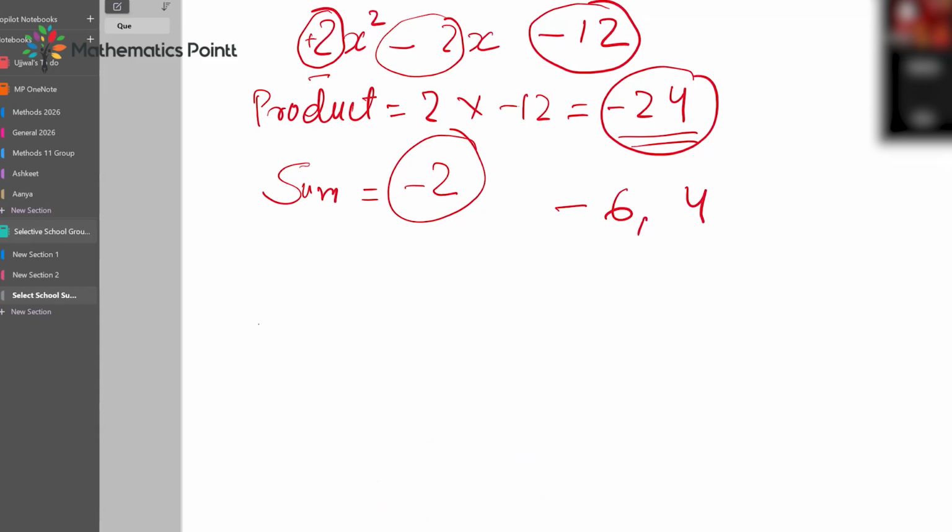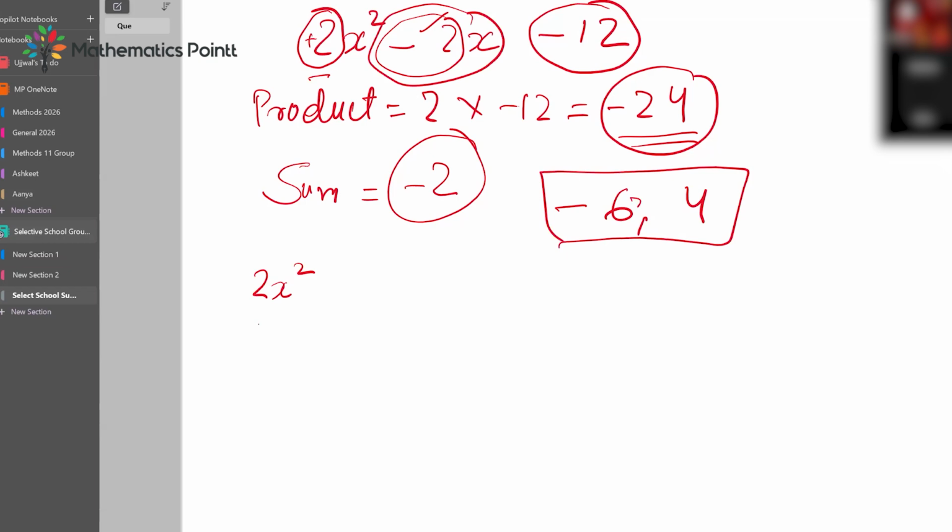Now, let's split the middle term. Let's write the first term as this, 2x squared. And I split this middle term. I write x along, negative 6x plus 4x. And I write this term as this. Yes, you have to use negatives.